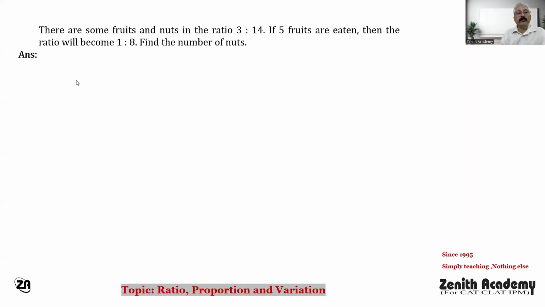There are some fruits and nuts in a ratio 3 is to 14. If 5 fruits are eaten, then the ratio will become 1 is to 8. Then find the number of nuts.